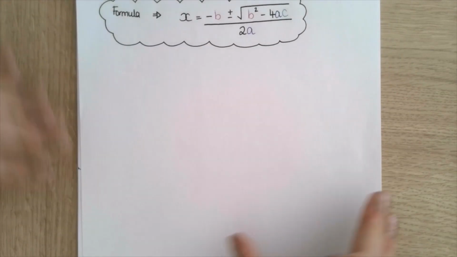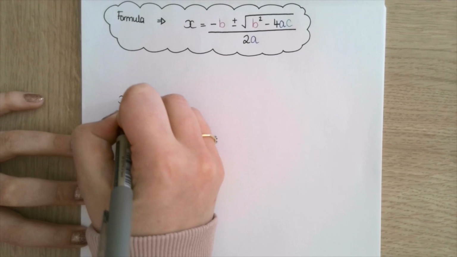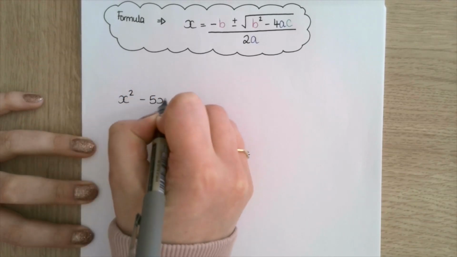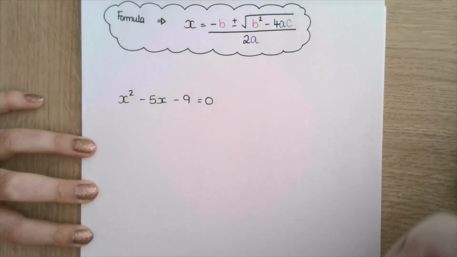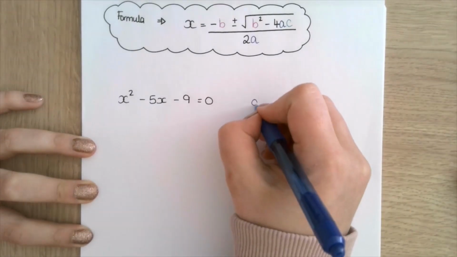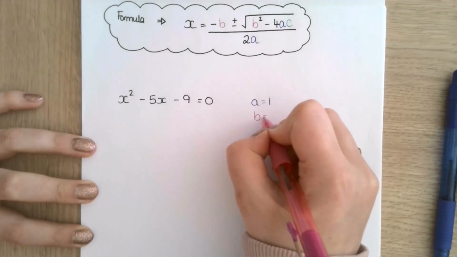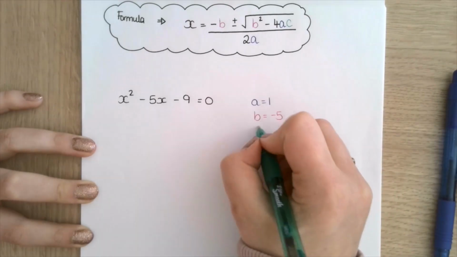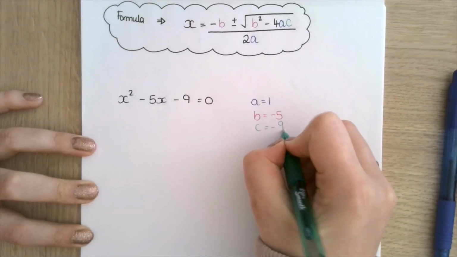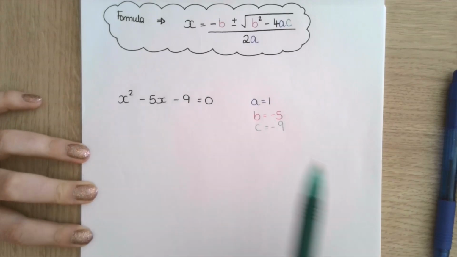So first question is going to be x squared minus 5x minus 9 equals 0. Now I would just write on the side a equals 1, b equals negative 5, and c equals negative 9. Once I've got this, it's going to be really easy to substitute into the formula to solve it.